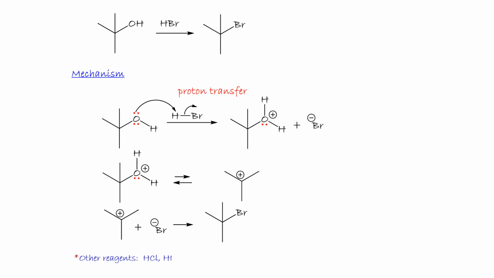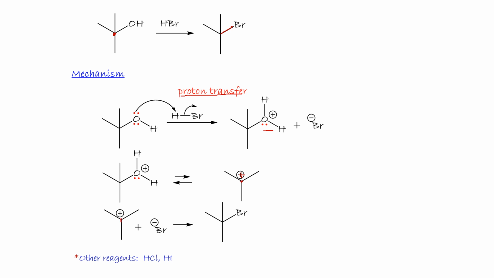In case of having tertiary alcohol with HBr, we form the alkyl bromide, but this reaction starts with proton transfer and then forming the oxonium ion, which dissociates again to form the carbocation, tertiary carbocation.